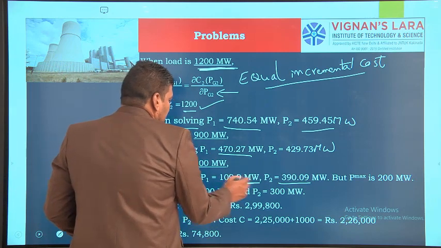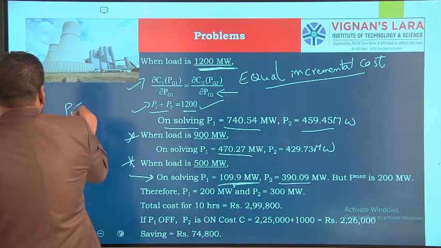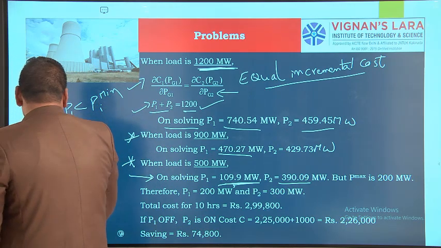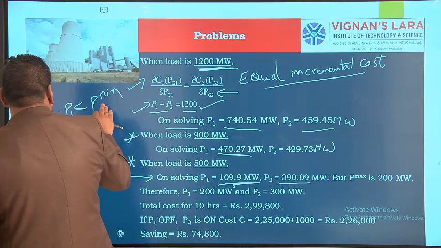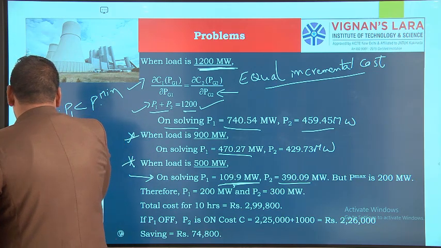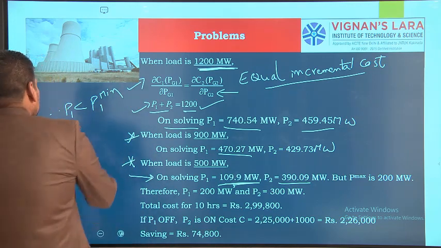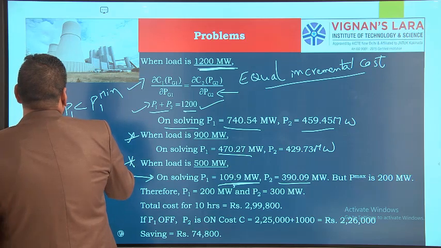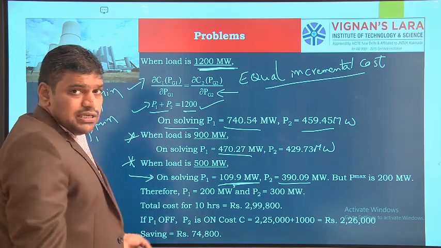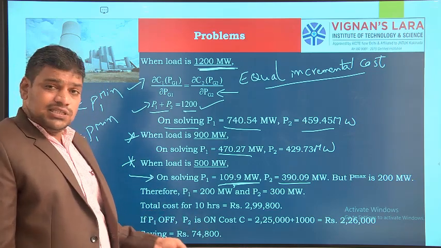When you observe P1, since P1 is less than P1 minimum, set P1 equal to P1 minimum. This is the condition we have seen in previous sessions.